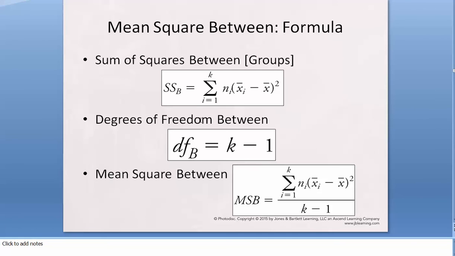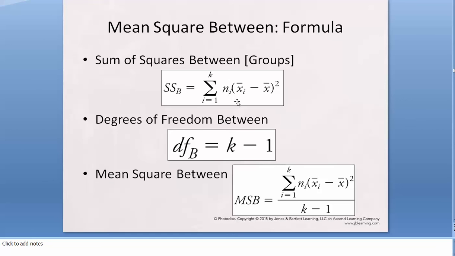And then here it says how to calculate it. The sum of squares between groups will be the group mean minus the grand mean, and we have to make some adjustments in case each group has a different number of items or individuals. So you need to multiply by n i.